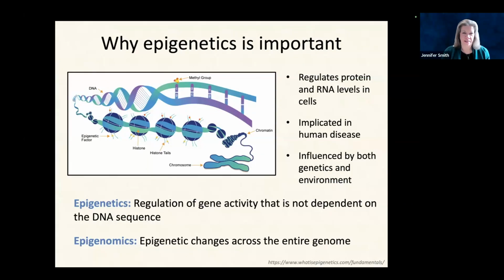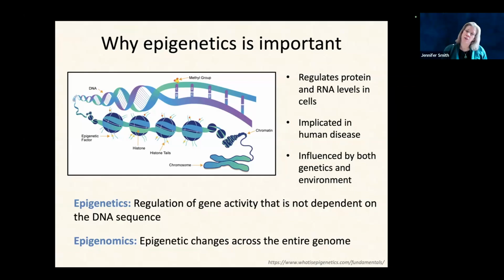So why is all of this important, right? The study of epigenetics. What is epigenetics really? When we talk about that, we're talking about the regulation of the activity of genes or the expression of genes that's not dependent on the sequence of DNA, right?